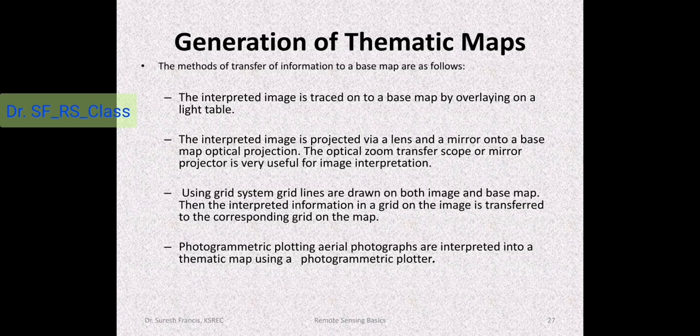And in photogrammetric plotting, aerial photographs are interpreted into thematic maps using photogrammetric plotters. These are big instruments which were there earlier. Now all this photogrammetry and interpretation has changed from manual methods to digital methods. Digital photogrammetry and visual interpretation, all these things are now outdated.